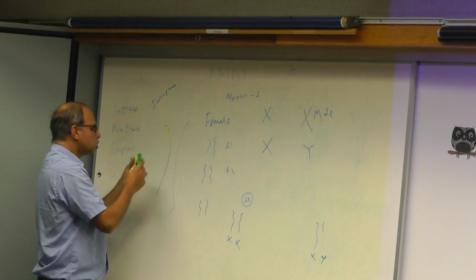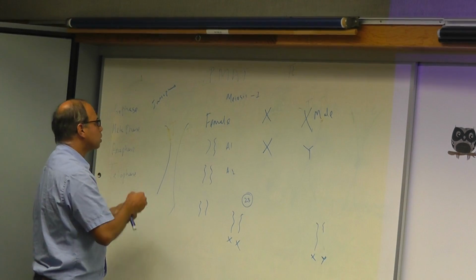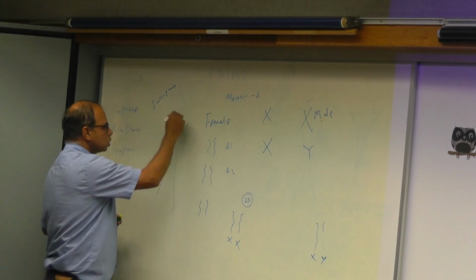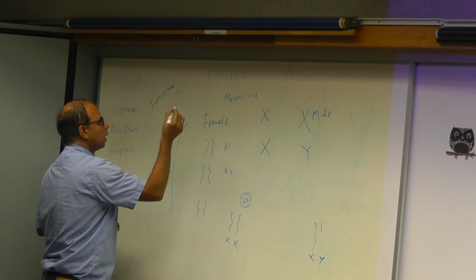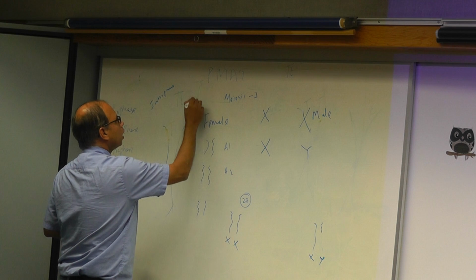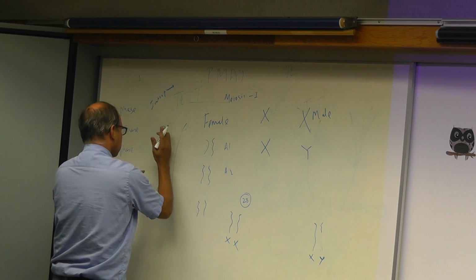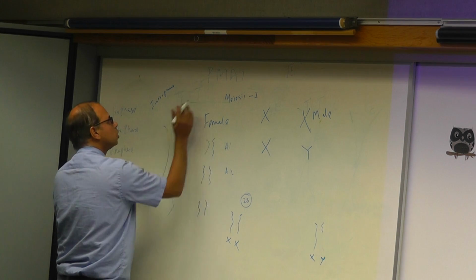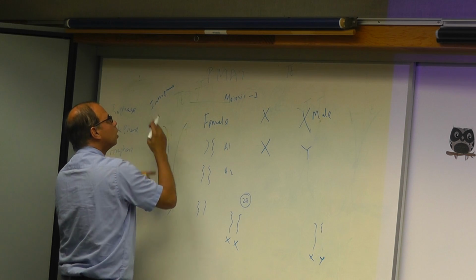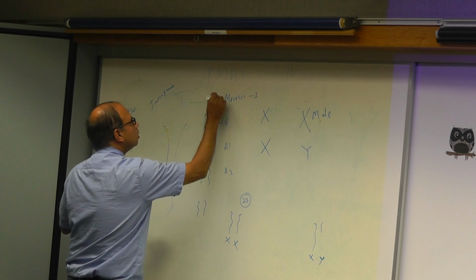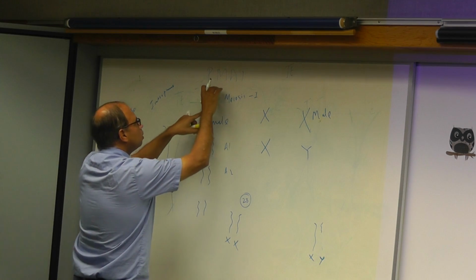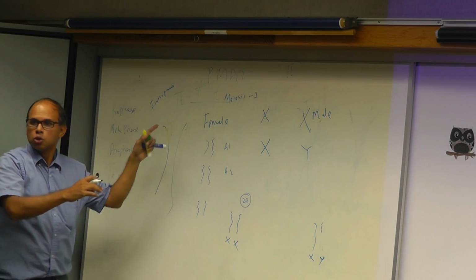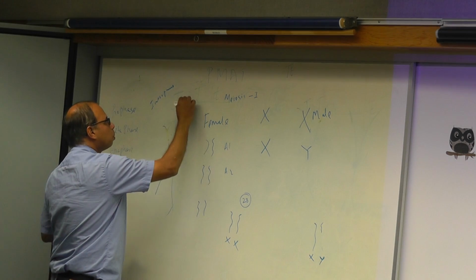So in the Punnett square, this is one of the parents, so you write it as T, and then you say it could either be a T, and if this gamete happened to fuse, then this T would happen, and if this gamete happened to fuse, then this T would happen.